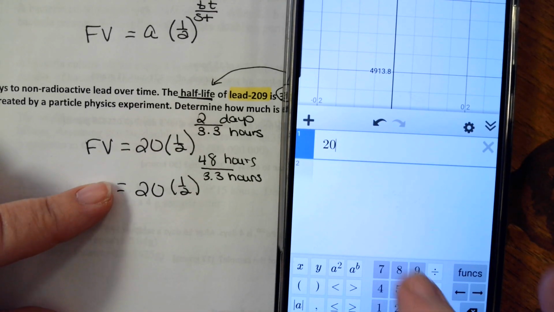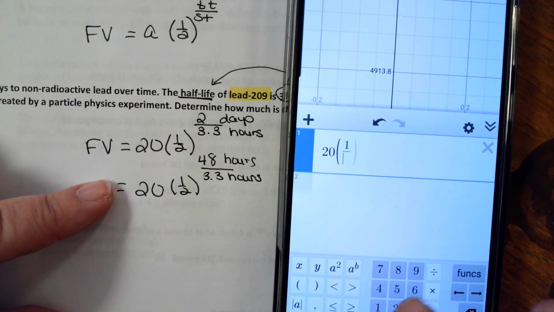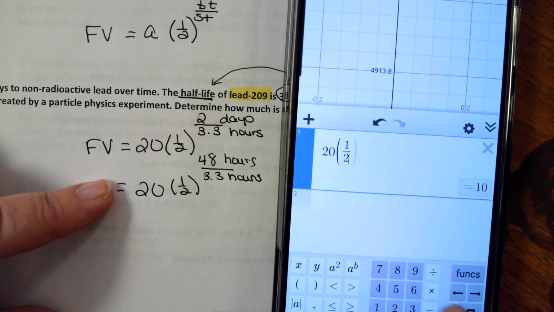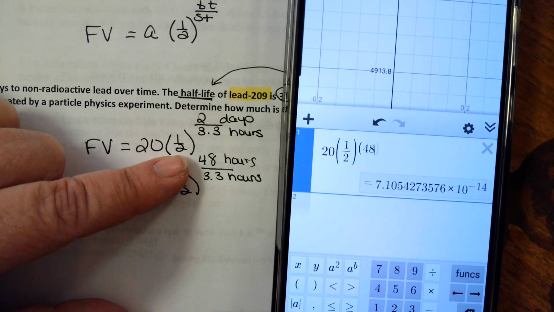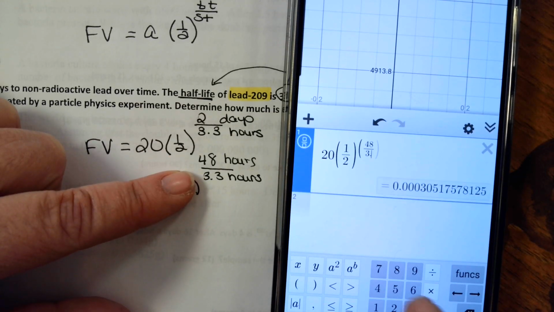So we got 20 times 1/2 raised to the 48 divided by 3.3.